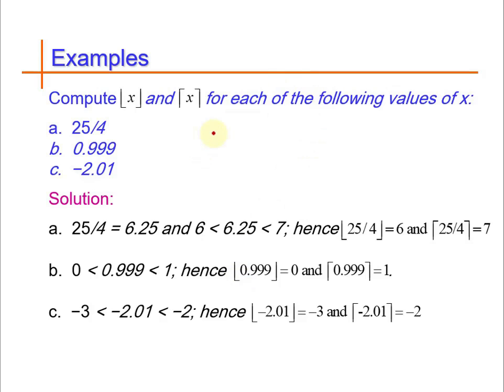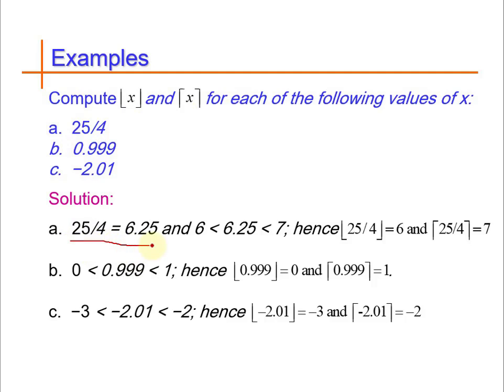So for examples, we are taking ceiling and floor functions of values of x. For part a, we see 25 by 4, and we take the values of ceiling of 25 over 4 and floor of 25 by 4.